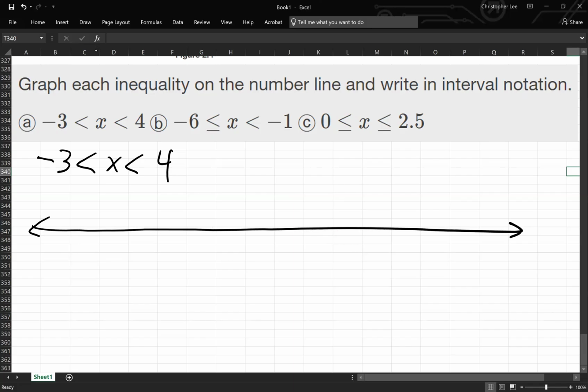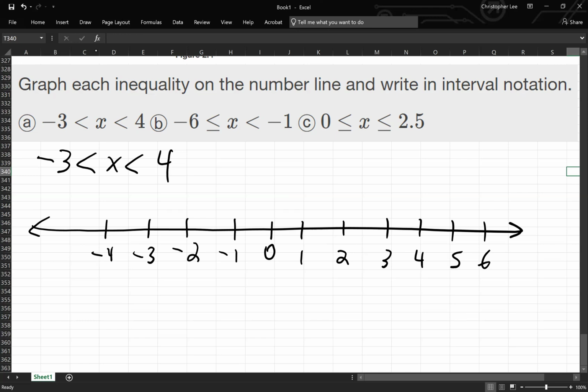This time I'm going to start at 0, then I have 1, 2, 3, 4, 5, 6, and then I have -1, -2, -3, -4, -5, because I want to really show I'm talking about the numbers in between.